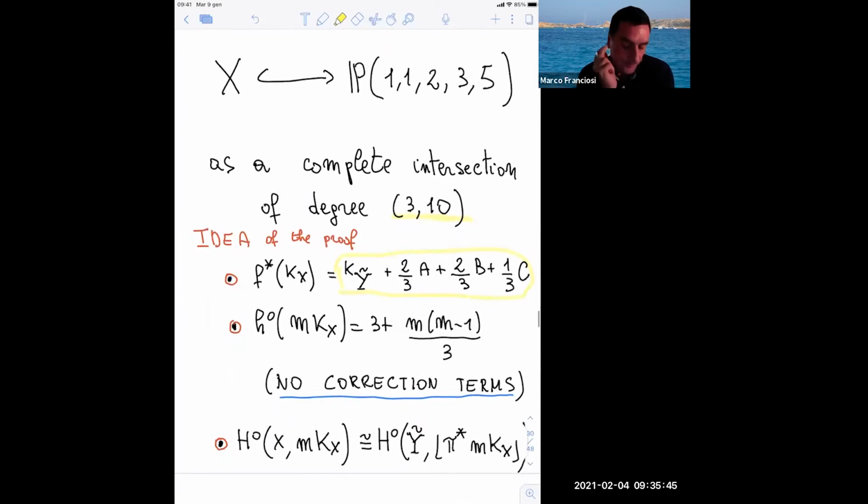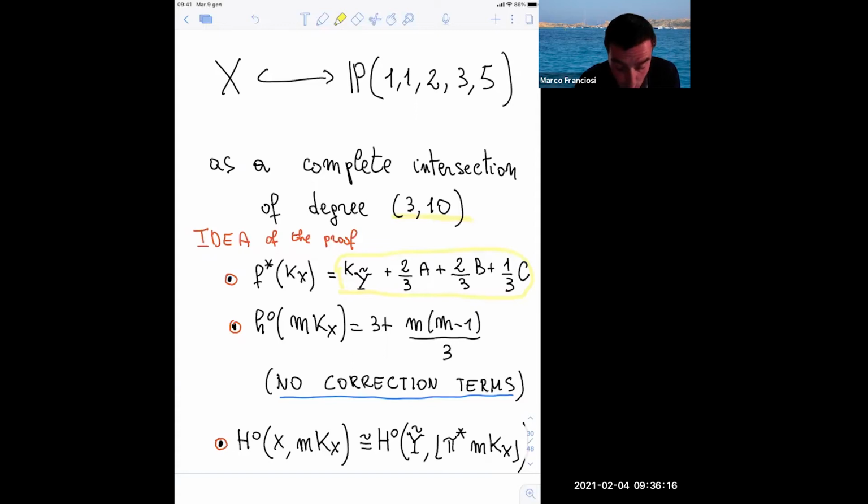And luckily, we have that h0 of mK_X is exactly as in the smooth case. This is 3 plus m(m-1)/3. And we have no correction terms. There is this paper by Blache who shows a way to consider the space of sections of the pluricanonical system.